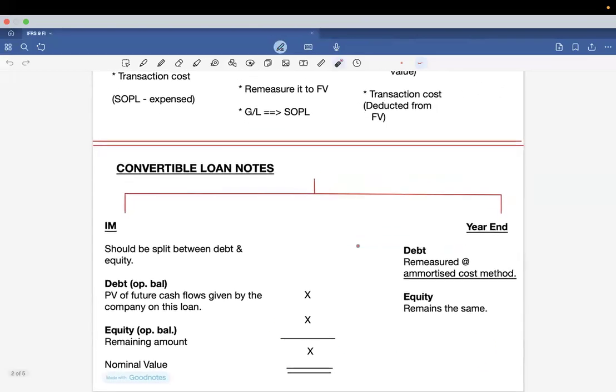Convertible loan notes are loan notes that you issue, which could be converted into equity in the future, in the hands of the person who is buying them. So there are two measurements: the initial measurement, that is the opening balance, and the year-end measurement.